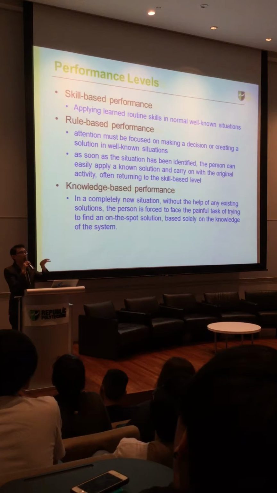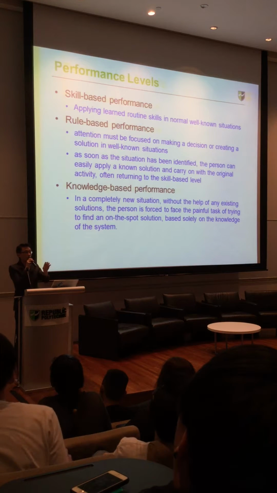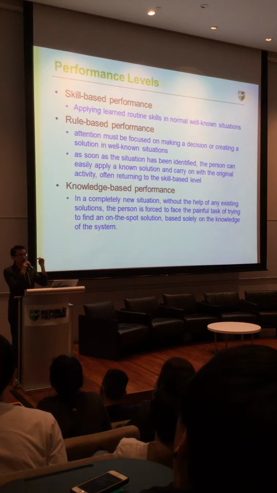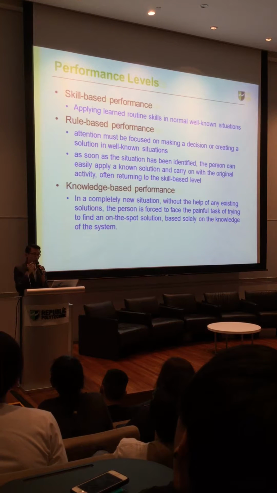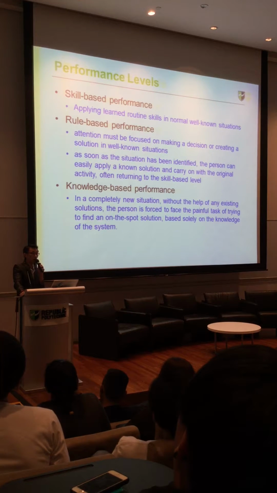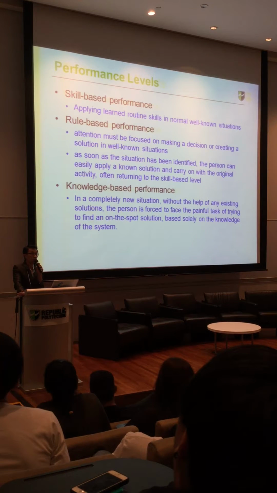Ultimately, that set of rules is going to bring you to the solution. But in between, you have to make some very minor decisions, yes and no kind of decisions. That is applying a solution to a well-known situation, a situation that has happened before. So that is rule-based knowledge.